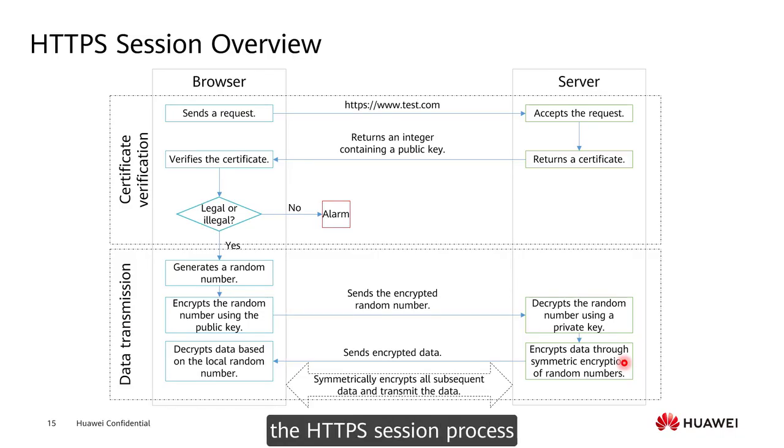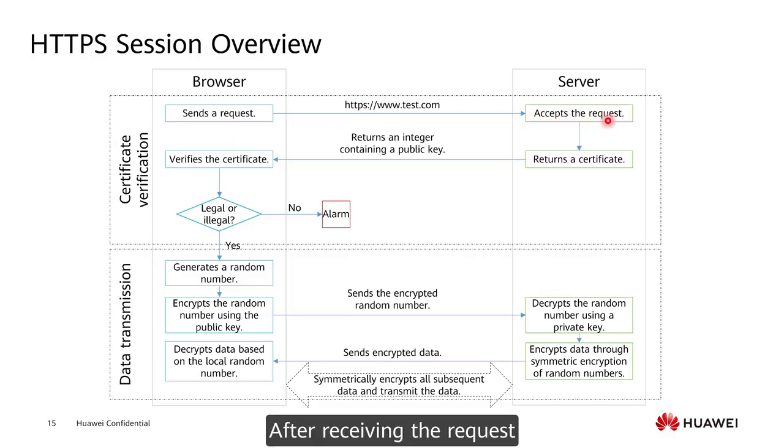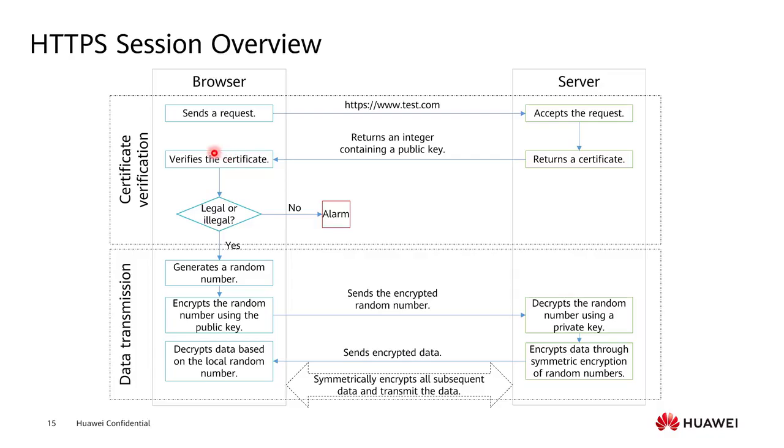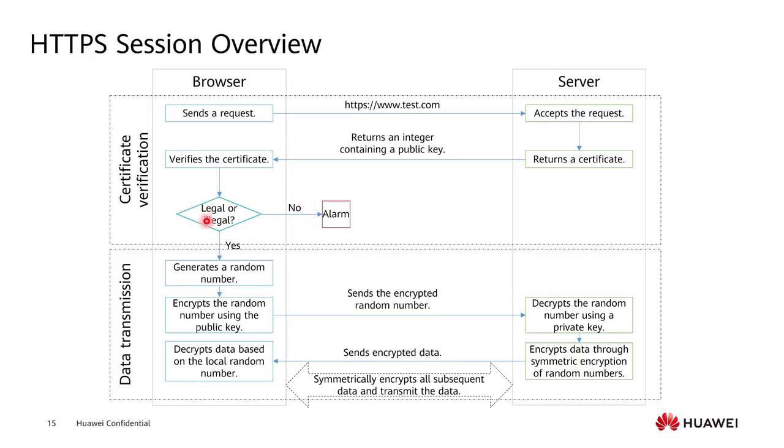And next, let's take a look at the HTTPS session process. Firstly, the client sends a request to a server. After receiving the request, the server returns a certificate containing the public key to the client. The client requests the CA to verify the certificate.